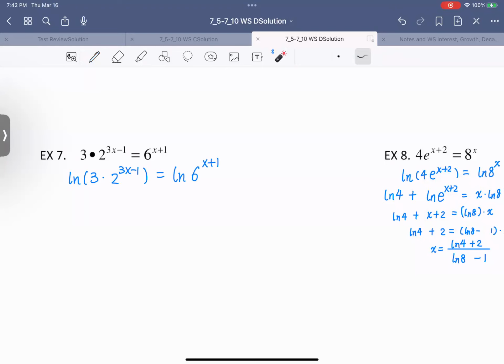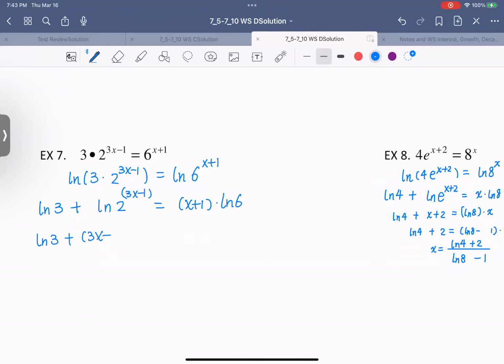And then this is multiplication, so you will split: ln of 3 plus ln of 2 to the power of 3x minus 1. And then you can take the x plus 1 down, and you have 3x minus 1 in front. So far so good?